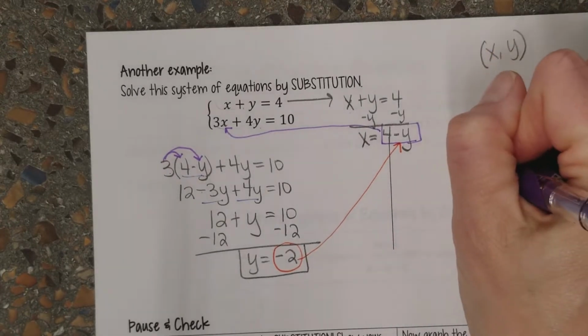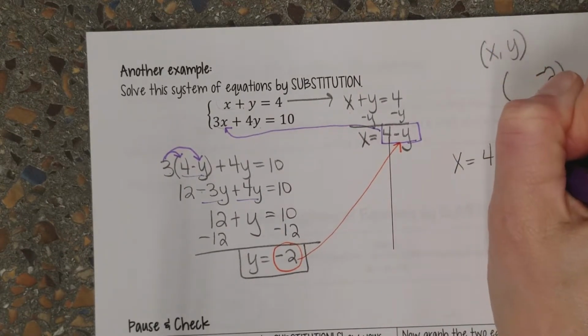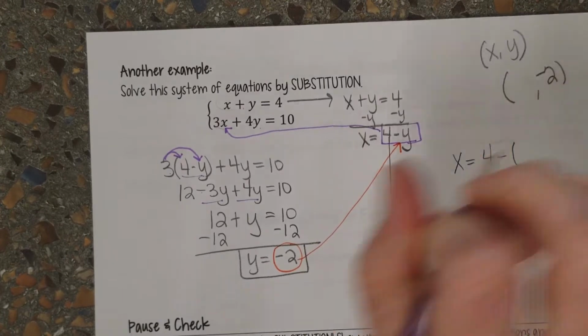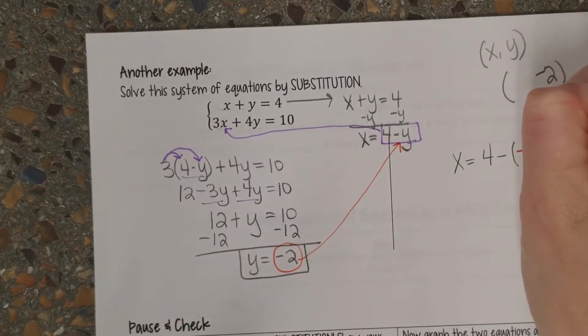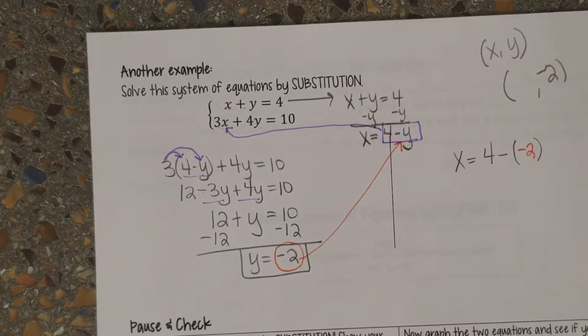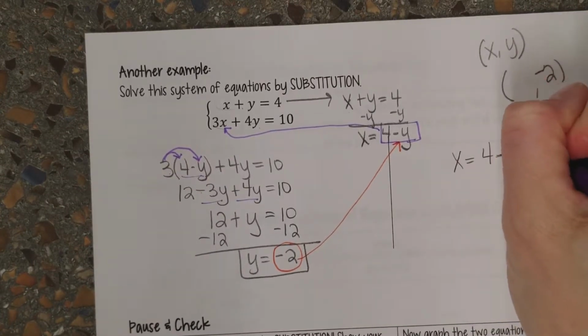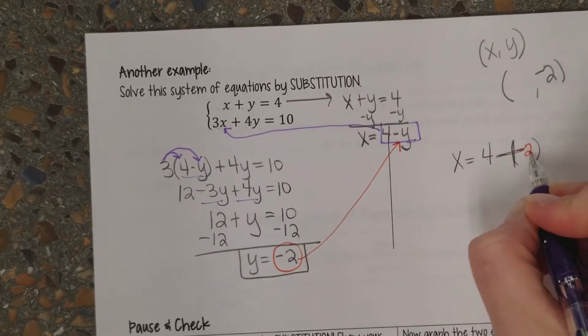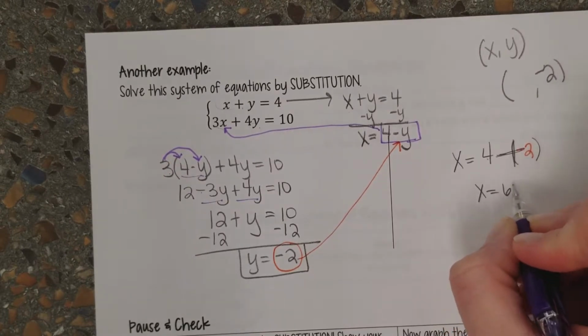So I'm going to get x equals 4 minus, and then negative 2. Okay, don't let that fool ya. That's still a minus and still a negative. And remember, when we minus a negative, it actually turns into a big old plus sign. Okay? So we've got 4 plus 2, so x equals 6.